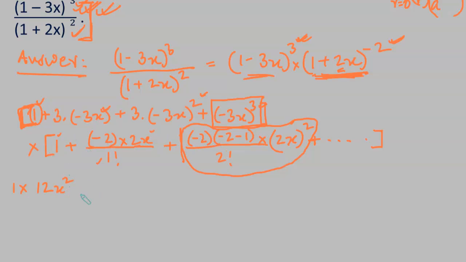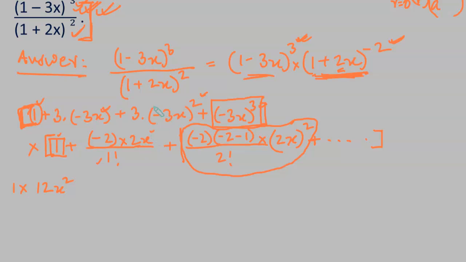This is one of the pairs that we should be taking. 1 times this part. Negative 2 times negative 3 is positive 6 divided by 2 is positive 3 times 4 is positive 12.